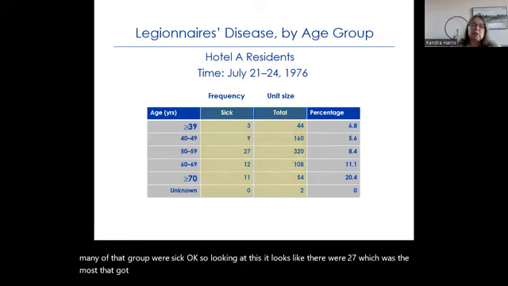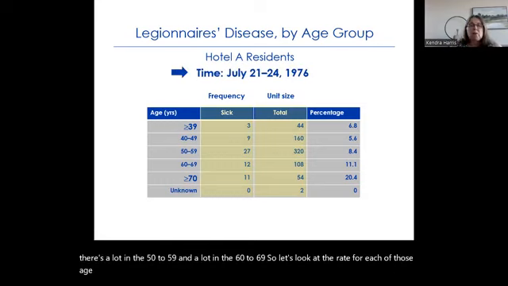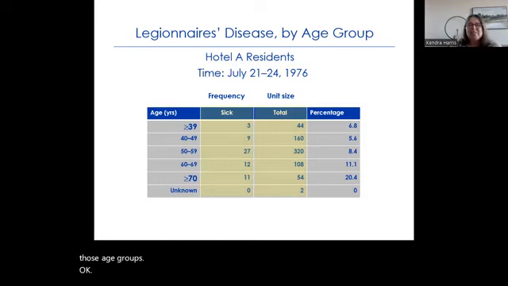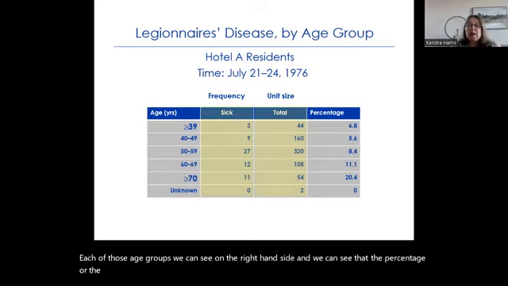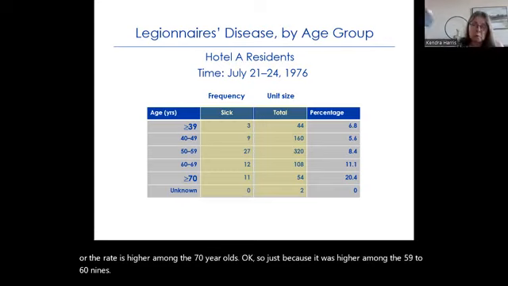But then if we look at the total, there's a lot in the 50 to 59 and a lot in the 60 to 69. So let's look at the rate for each of those age groups. We can see on the right-hand side that the percentage, or the rate, is higher among the 70-year-olds. Just because the number was higher among the 59 to 69s, that doesn't mean that they were more susceptible.